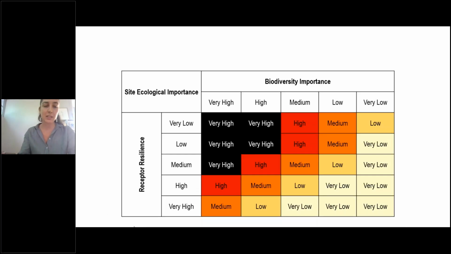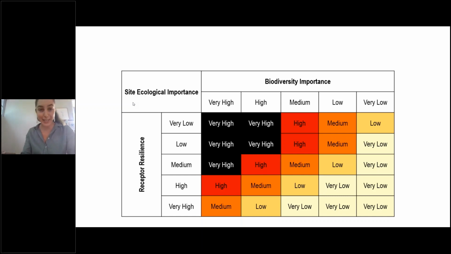And so the way the receptor resilience interacts with biodiversity importance is that if you've got very high receptor resilience, it brings down the overall site ecological importance. Whereas if it's very low receptor resilience, so it's a very sensitive receptor, then you're going to have it coming out in a higher category. So I hope that makes sense. It's all detailed in the guidelines.